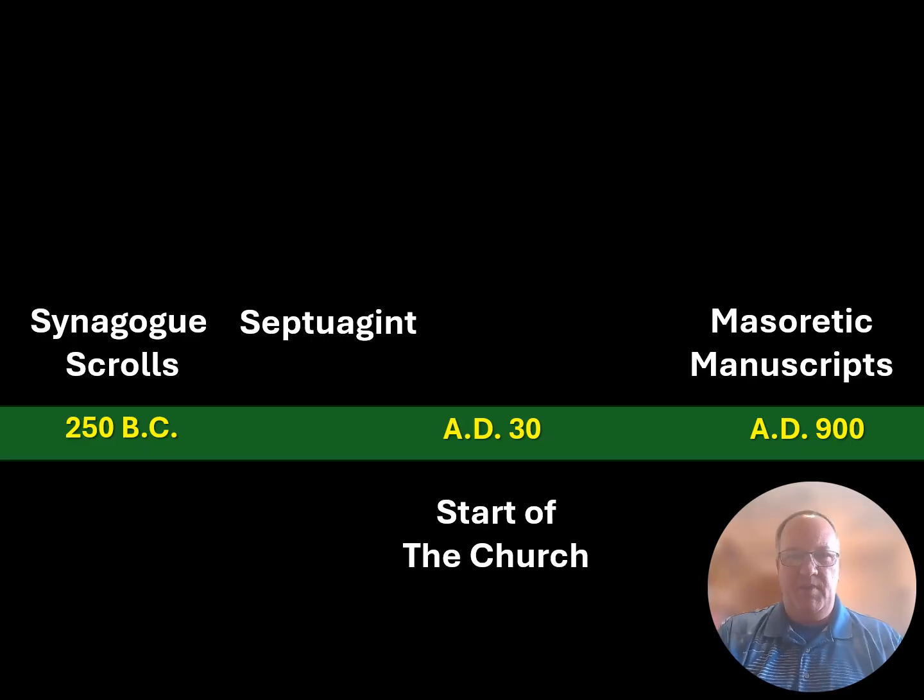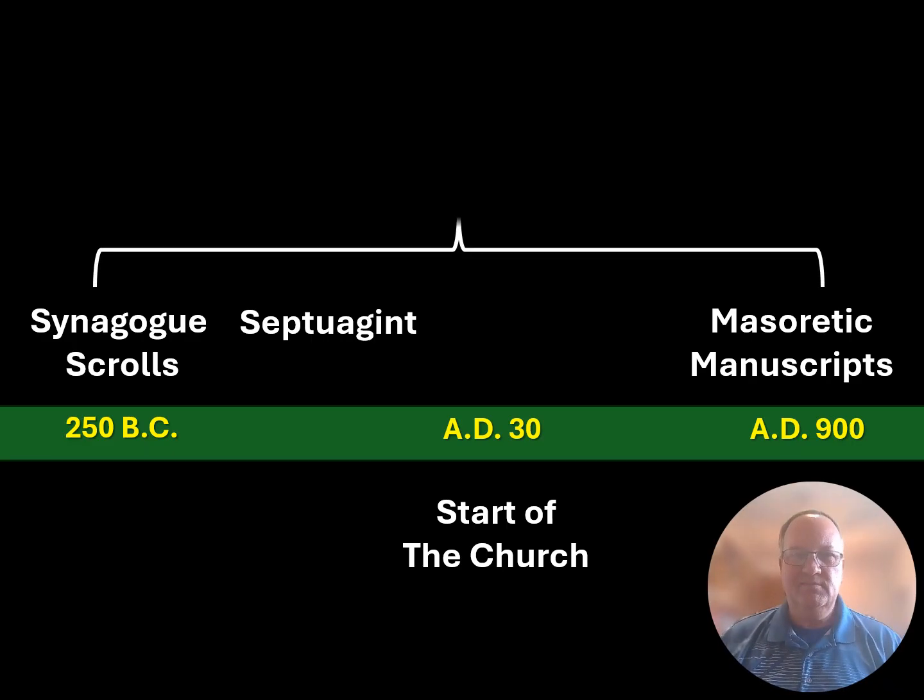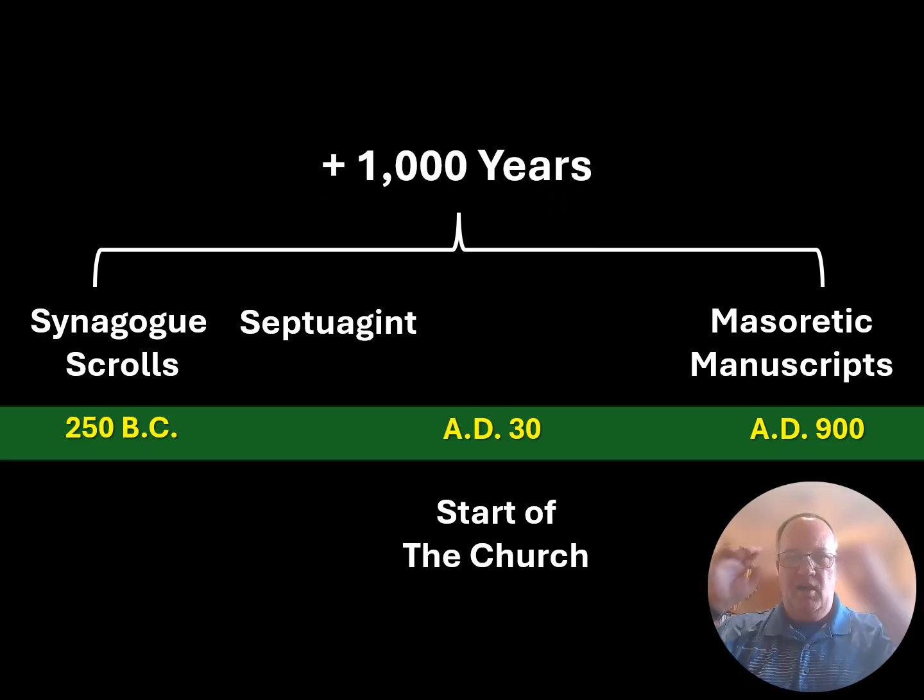And so that's going to be our best manuscript evidence, along with the versions like the Septuagint, the Syriac, the Coptic, and other Greek translations. But notice, we're using manuscripts that are over 1,000 years removed from the synagogue scrolls, which are not in themselves even original.